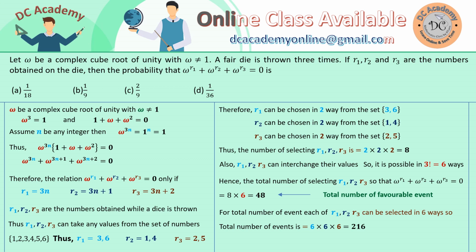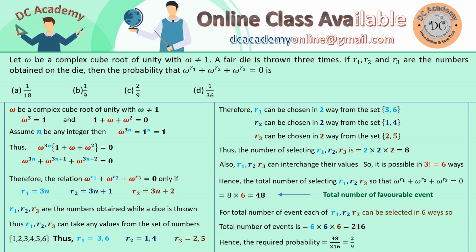So it will be 6 cross 6 cross 6, that is 216. So we get the total number of events and the total number of favorable events. Hence the required probability will be the ratio 48 to 216, that is 2 by 9. And hence for this problem option C is the correct answer. That's it. Hope you understood the problem.